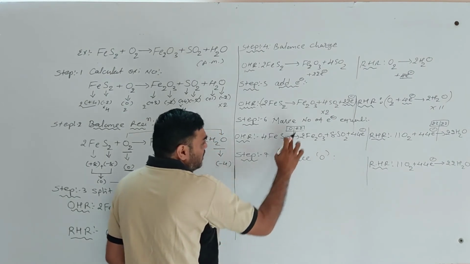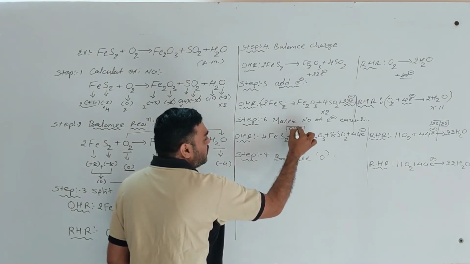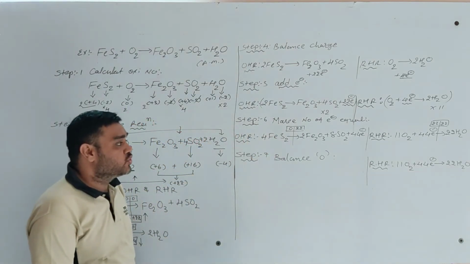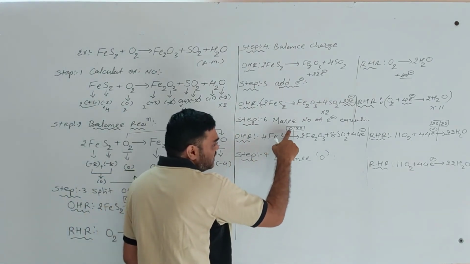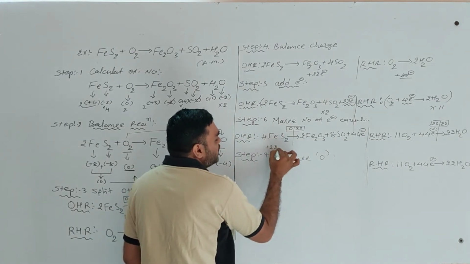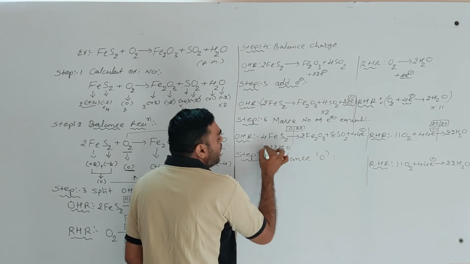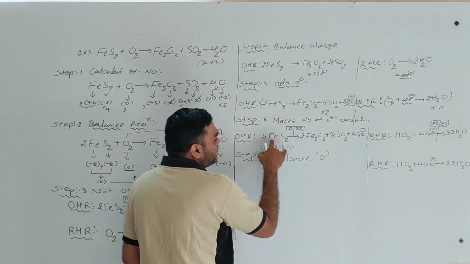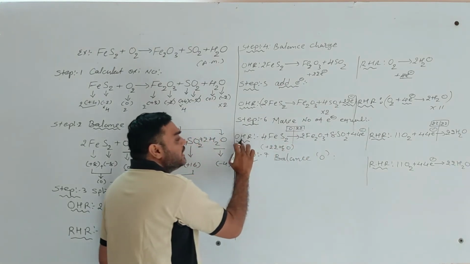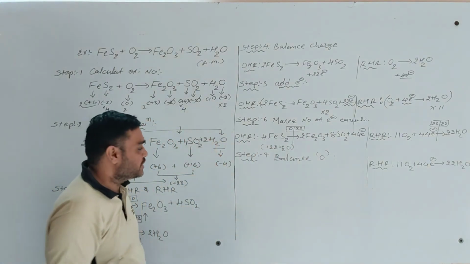Now see how much oxygen is lacking and on which side, and use H2O to balance it. Here there is 0 oxygen, and that's why I will add 22 H2O on the reactant side to balance oxygen on both sides in the oxidation half reaction.